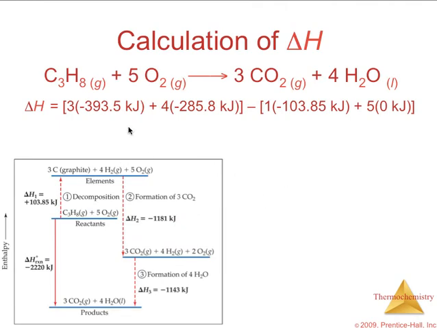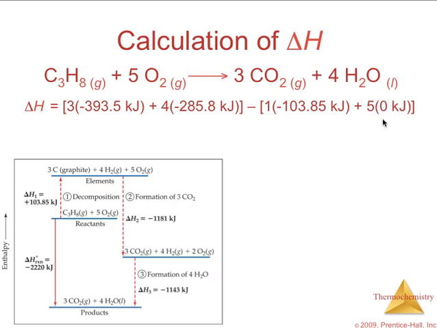So if we look up the values in that heat of formation table, we have delta H is equal to 3 times delta H of CO2 plus 4 times delta H of water. And I did mean to say enthalpy of formation for CO2, enthalpy of formation for water, minus the enthalpy of formation for propane, and minus the enthalpy of formation for O2.